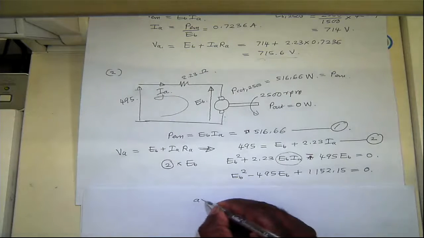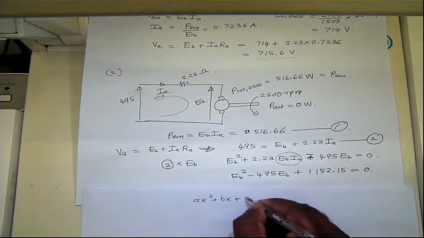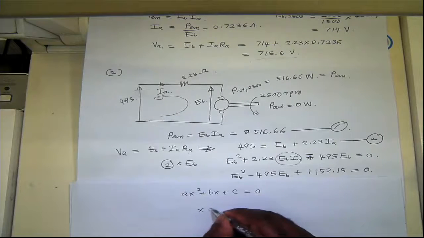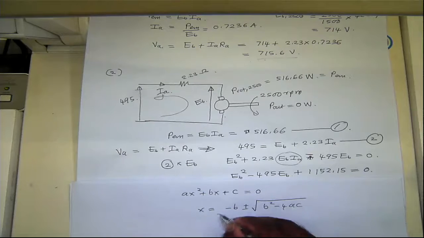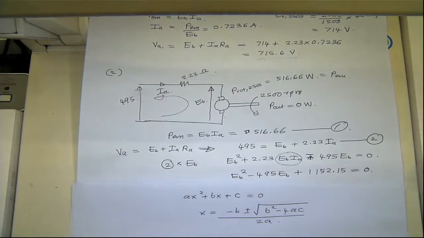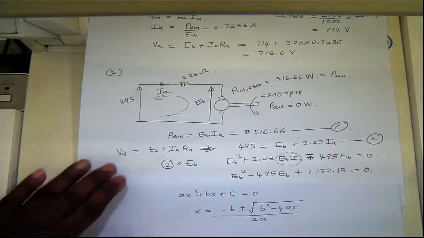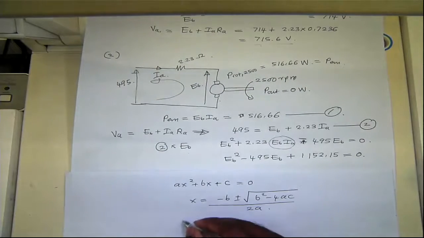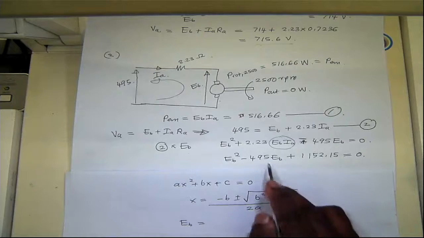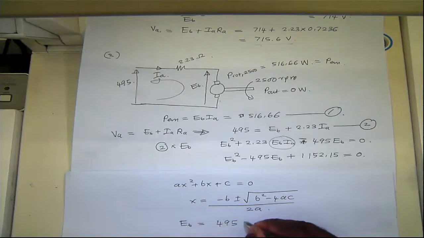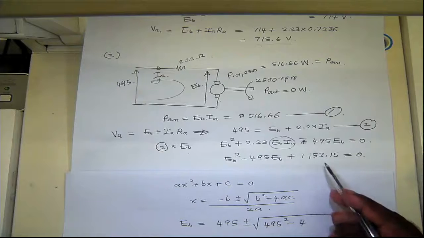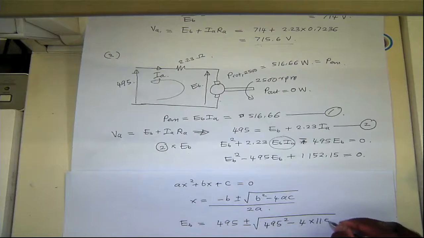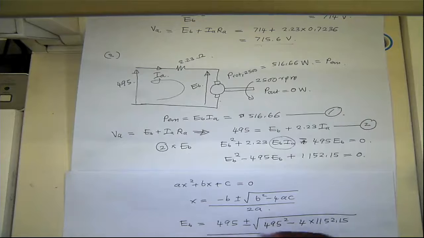So it's like ax squared plus bx plus c equals 0. So x is equal to minus b plus or minus the square root of b squared minus 4ac, over 2a. So then here EB will be minus b, so that's 495 plus or minus the square root of 495 squared minus 4, where a is 1 and c is 1152.15, divided by 2.